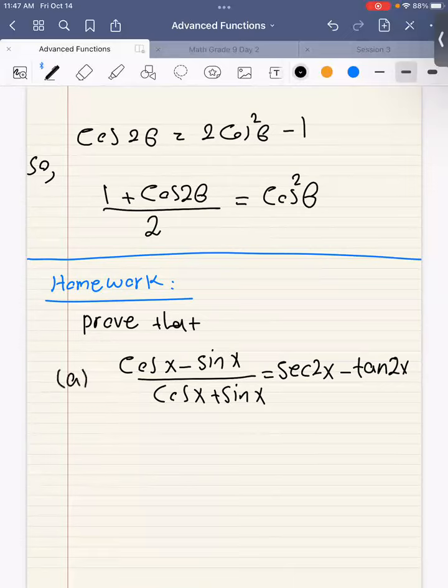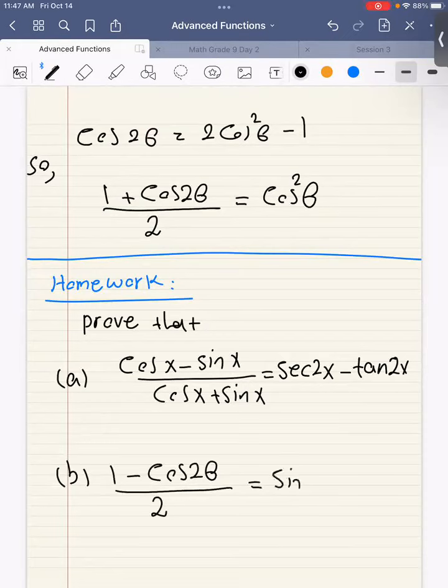This is A. For B, prove that 1 minus cosine of 2 theta over 2 is equal to sine square of theta. I give you 5 minutes to complete this.